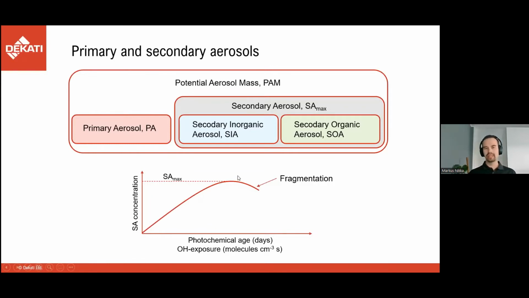But at some point, if the aging goes too far, the reactions start to decompose the produced aerosol mass, and the mass concentration will actually go downwards. This is called fragmentation. But if we talk about potential aerosol mass, we try to find the maximum of the secondary aerosol mass.